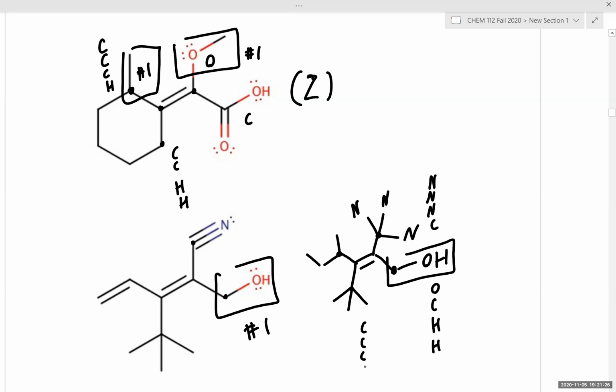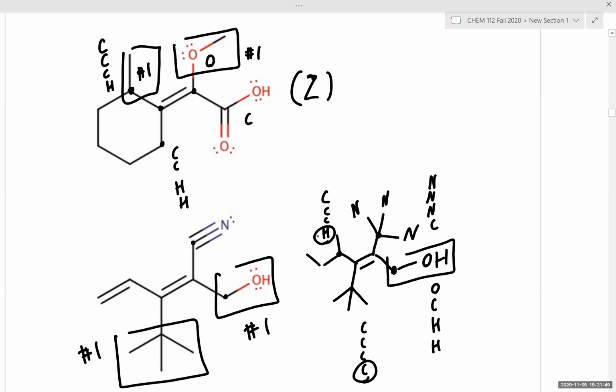We have a carbon attached to 4 carbons versus a carbon attached to 3 carbons and a hydrogen. Which group is higher priority? The bottom group with 4 carbons, yep. And it's not because it's just 4 carbons, but because carbon is higher priority than hydrogen.